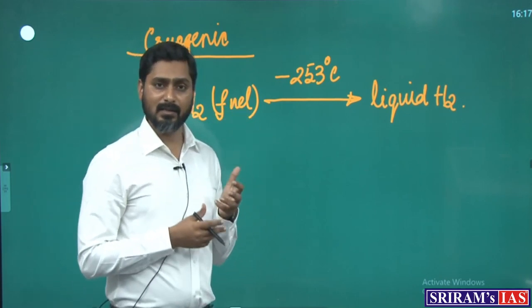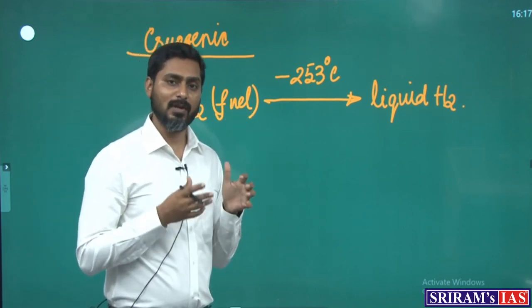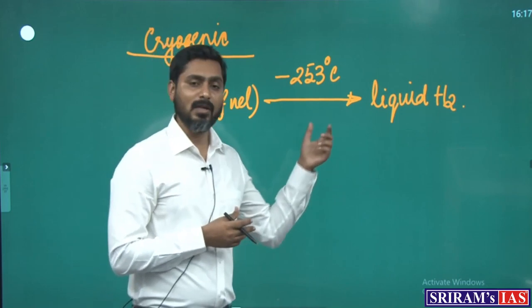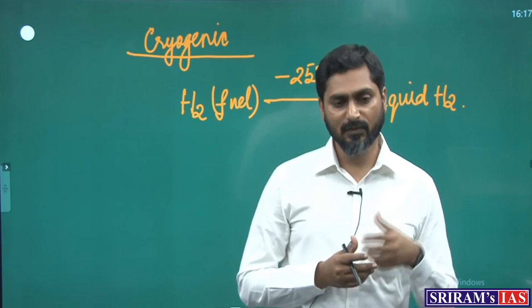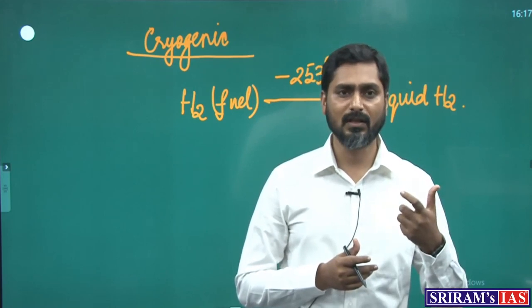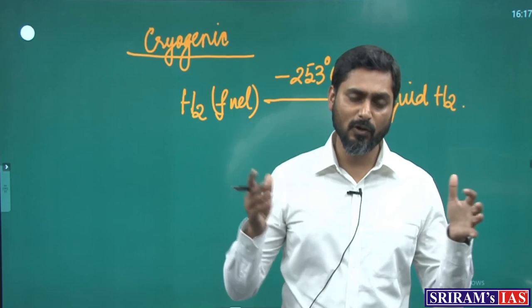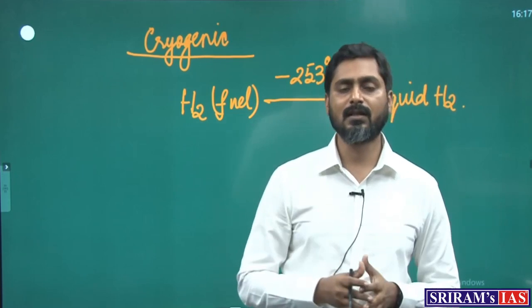Hydrogen is the lightest gas in this universe, and when we make it liquid, the volume drastically reduces. When we decrease the temperature to minus 253 degrees Celsius, the volume decreases by more than 600 times.